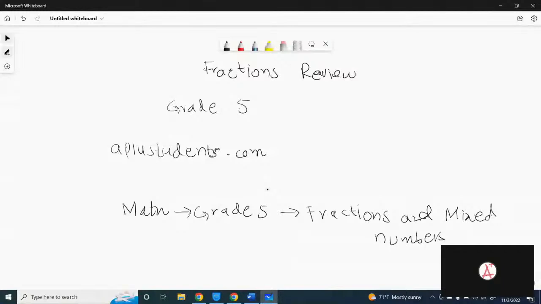Please make sure you have your notebook and pencil so that you can note down the important definitions and examples as well. So let's start with fraction reviews.